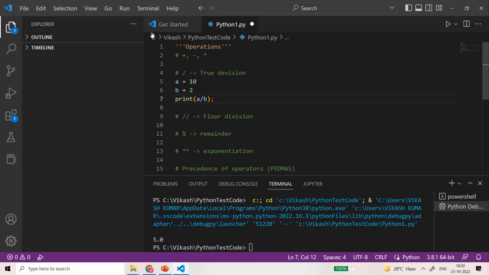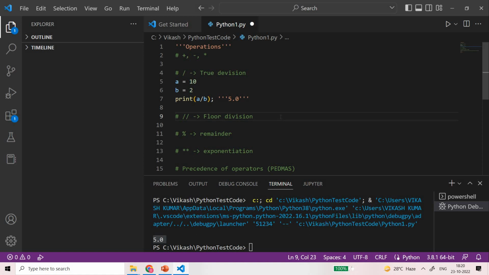But let's see what result we get. We will get 5, but it will be a floating point number, right? You can see here it is 5.0 which has come.